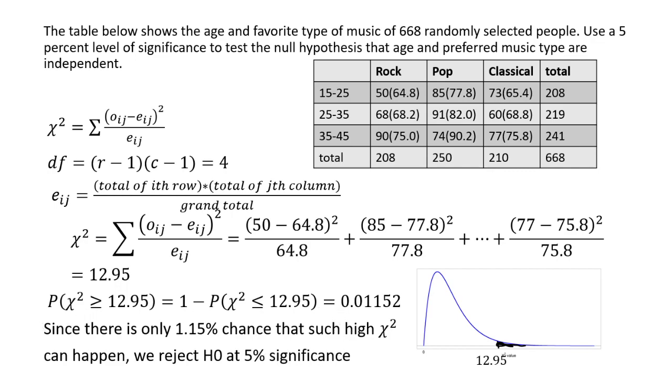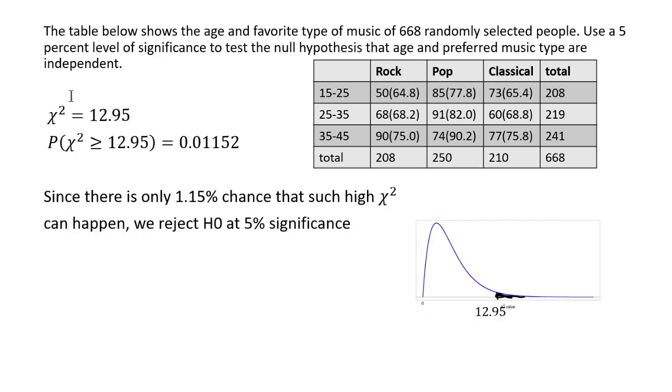And let's just clear away some of the things I wrote. Okay, so here's a summary of what we did. We calculated the chi-squared as 12.95 and came up with the p-value as 0.01152, and then concluded that since there is only 1.15% chance, we reject the null hypothesis at 5% significance.